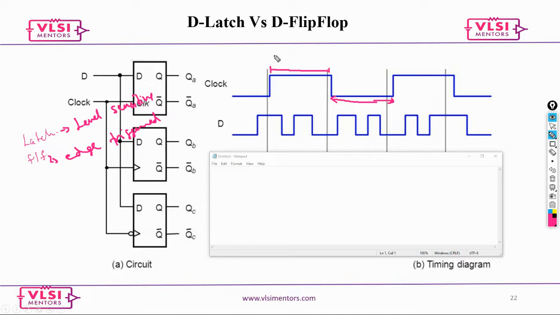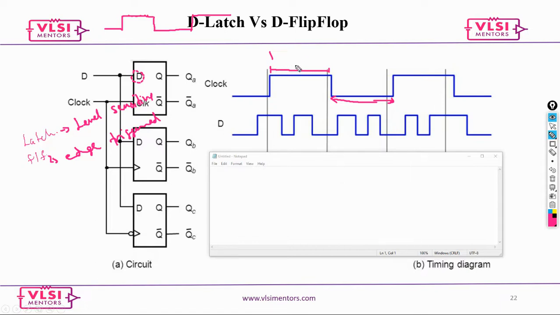So it's basically like opening the gate for one minute, closing the gate the next minute, opening the gate the next minute. So you just keep letting whatever comes in at D keep passing to the Q. That is what the latch behavior is.